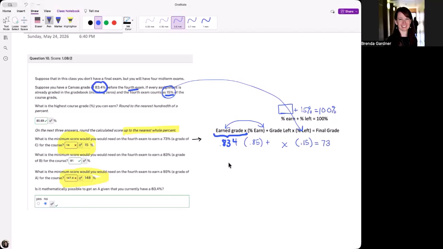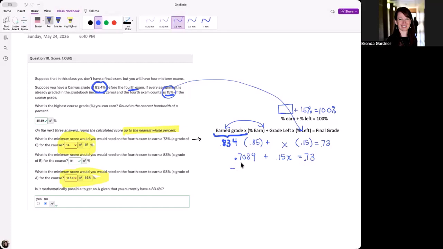Now I'm going to take out my calculator and take 0.834 times 0.85. That's going to be 0.7089 plus, let's just write this with my number before my variable written conventionally, x, equals 73. Let me change that to a percent to be consistent.